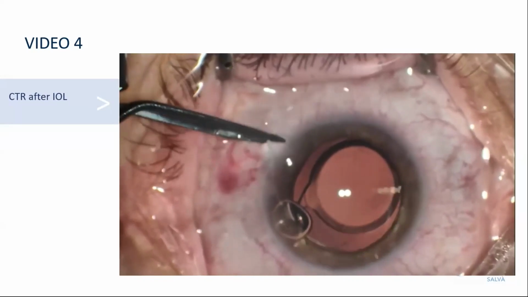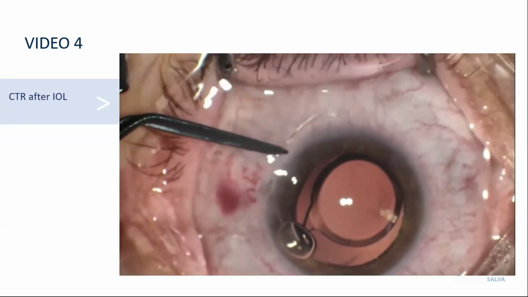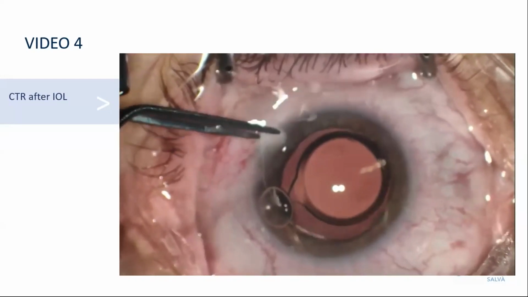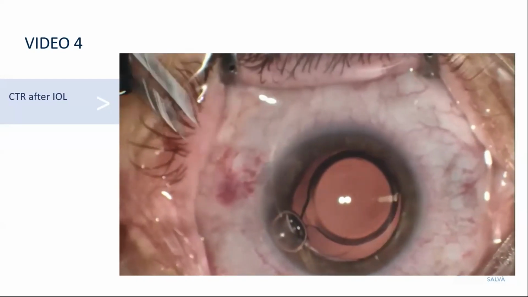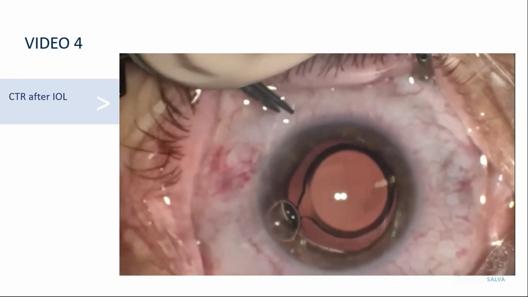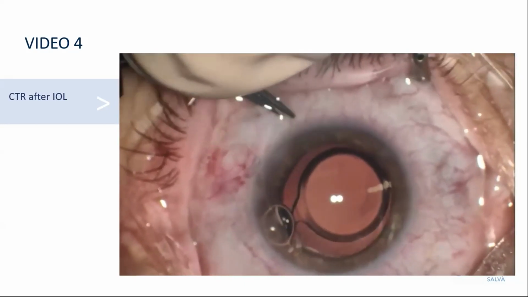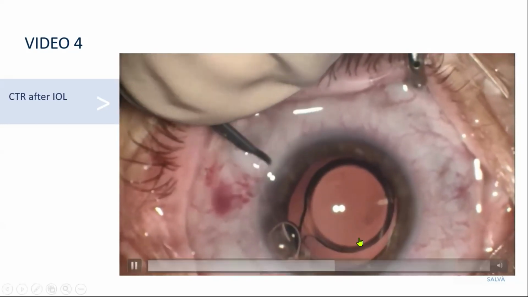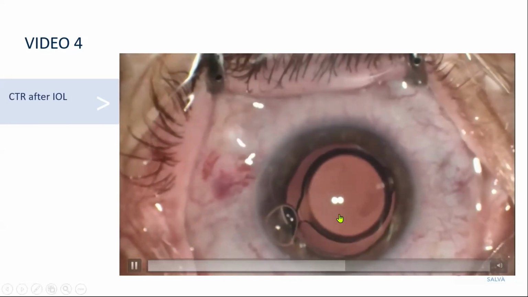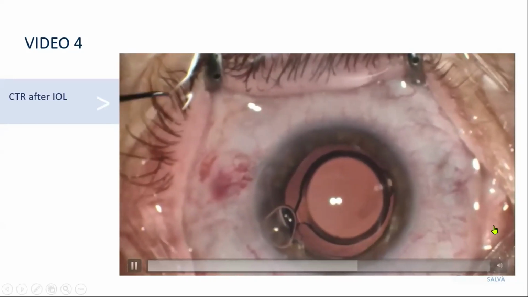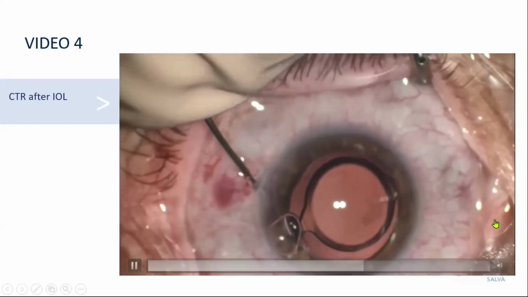First the ring and then the lens, but you can implant it as well with no problems. Besides, this is my very best preferred platform of lenses, one piece and C loop and hydrophobic.